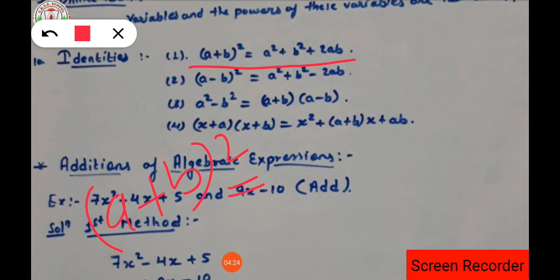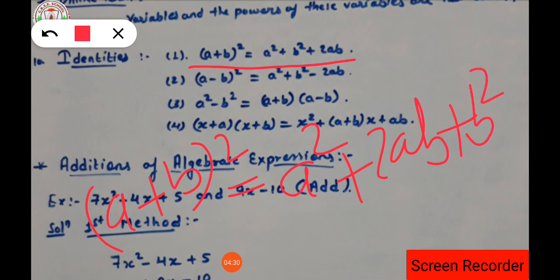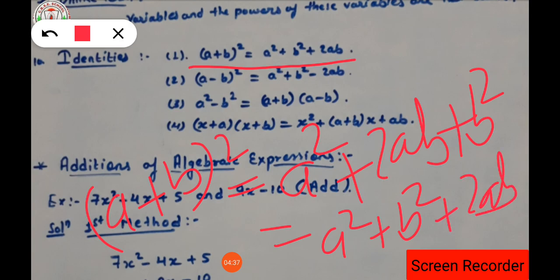It can also be written as a square plus 2ab plus b square. Both are the same. Both the identities are the same.